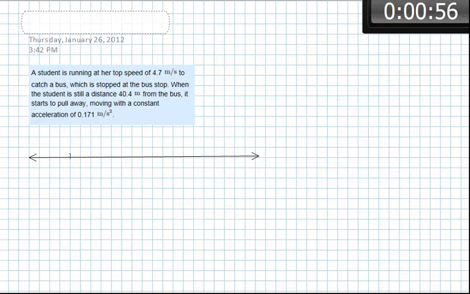I am going to have the student here, a girl, running to catch the bus, which has stopped at this point. Where the girl is standing, in this particular scene of this movie, she's at 0 meters. The bus is at 40.4 meters.